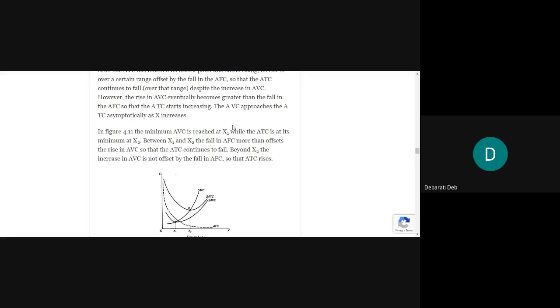The AVC approaches the ATC asymptotically as x increases. At this point where my arrow is on the screen, they are almost becoming similar, increasing at the same rate.